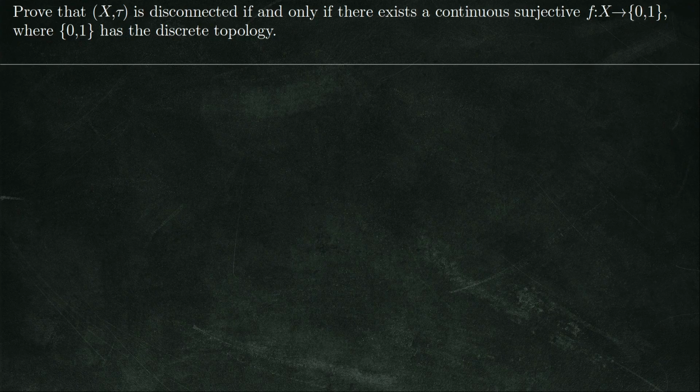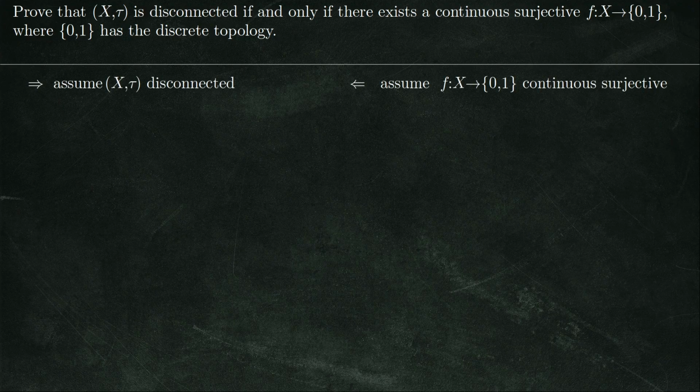Our next example is a theorem. So prove that (X, tau) is disconnected if and only if there exists a continuous surjective map F from X to {0,1}, where {0,1} has the discrete topology. So because this is if and only if, we need to do it in both directions.